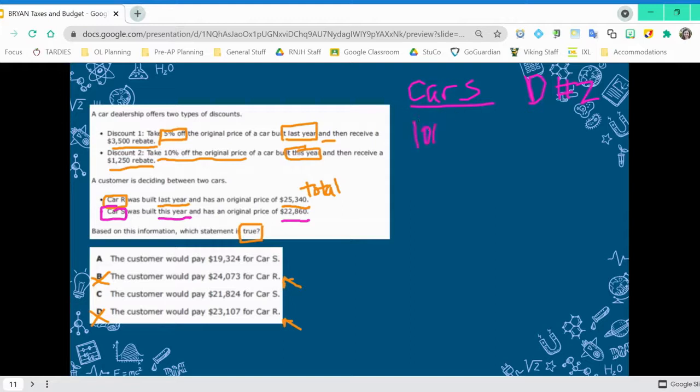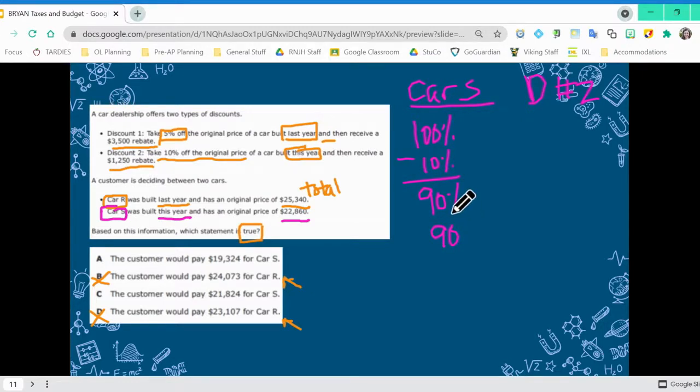So if originally the original price is 100% and we take off 10%, we're left with 90%. So we want to know, what is 90% of our original price, $22,860. So to do that, we are going to figure out what decimal is equal to 90%.